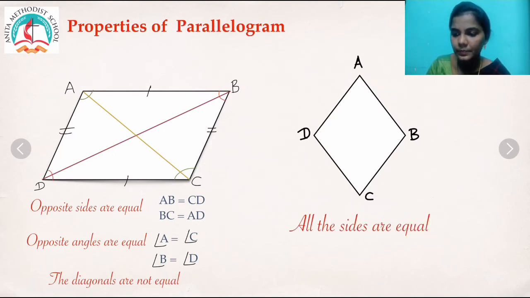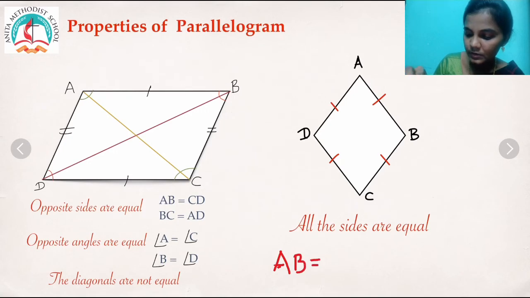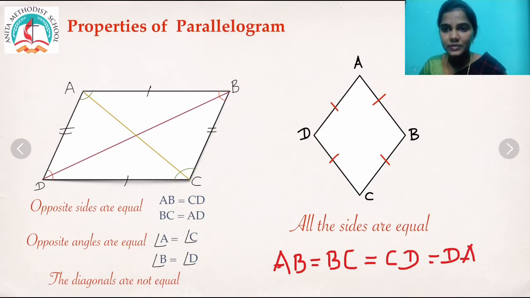That is AB equals BC equals CD equals DA. So we can name this parallelogram as rhombus. This is the rhombus.